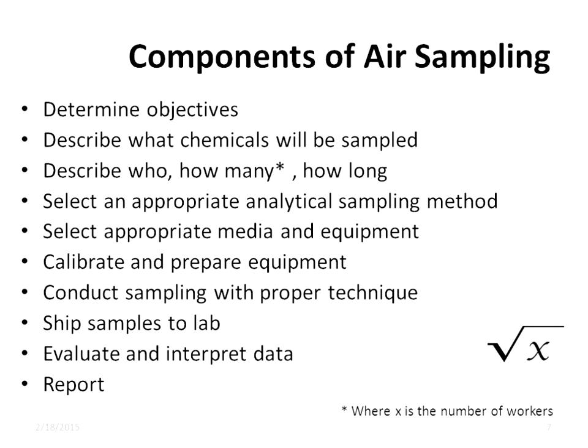So some components of an air sampling plan or strategy would be to determine your objectives, as well as what chemicals will be sampled, who, how many, and for how long, as well as what I consider the more closely related sampling plan.